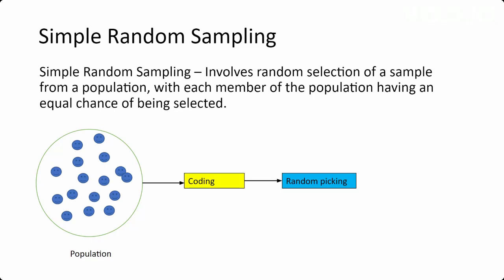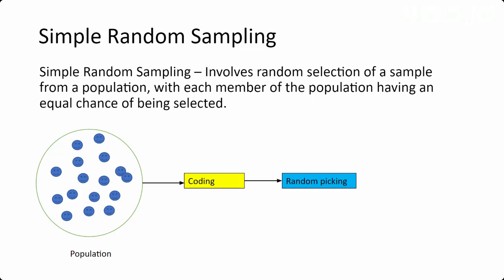There are now software tools which can help you randomly pick numbers. Even in Excel, there is a way you can randomly pick numbers. There are random schedules for picking numbers. Then once those numbers are picked randomly, that member is selected as a sample. If that member's number is picked, then that member is part of the sample.